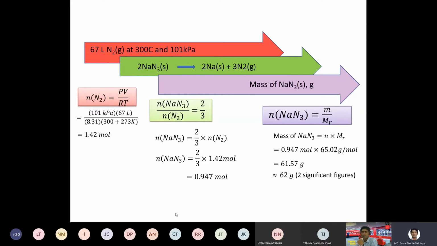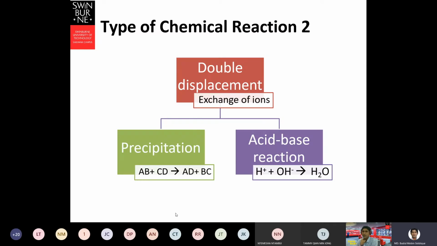So there is another type of chemical reaction that is called a double displacement. In double displacement there is a precipitation reaction, where two different types of solution are involved, and at the end we get the precipitation. That means precipitation is the solid at the end of the reaction.